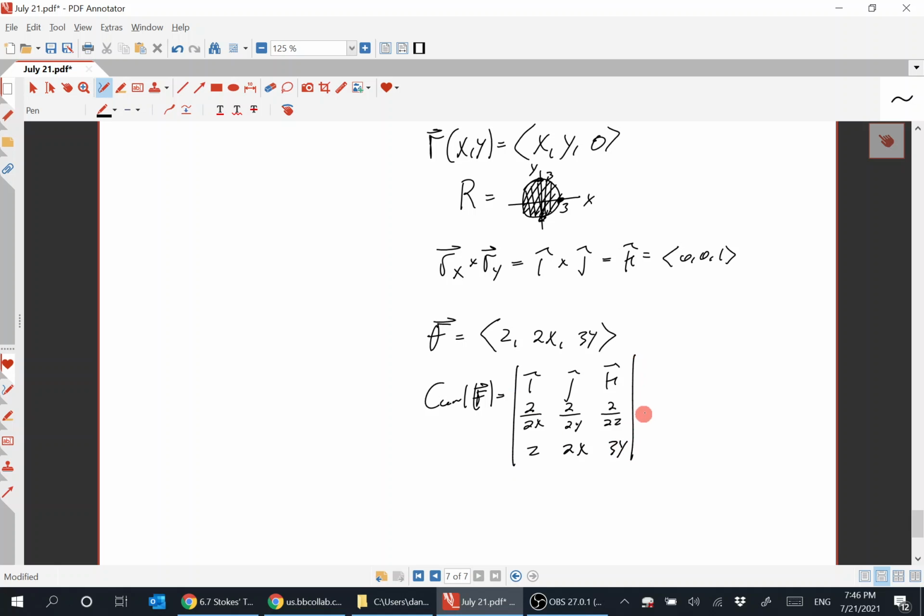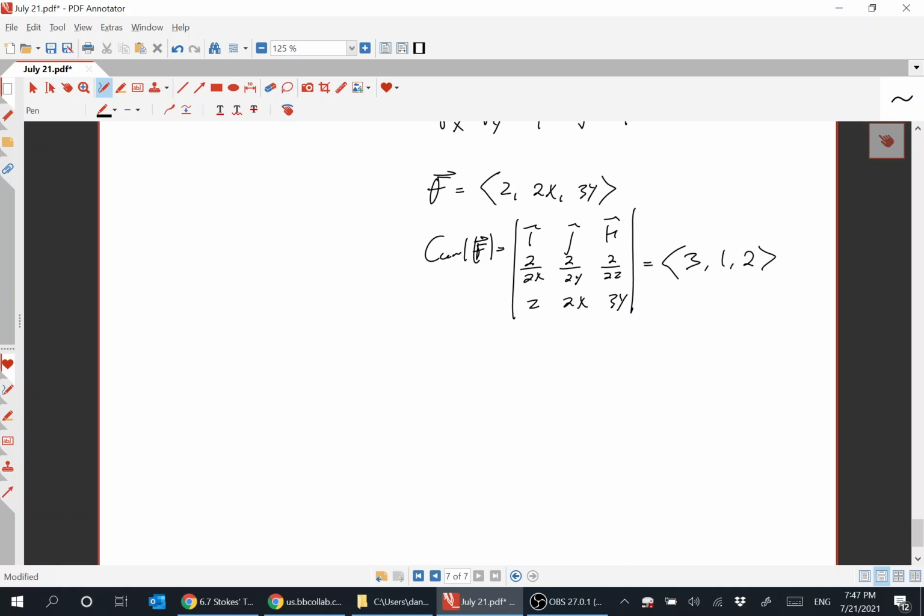In the i coordinate, it is 3 minus 2, no, 3 minus 0. This is 3, that's 2x. The derivative with respect to z is 0. In the j, you have 0 minus 1, and then negate it, so you get 1. And in the k, you have 2. So 3, 1, 2. That's the curl.